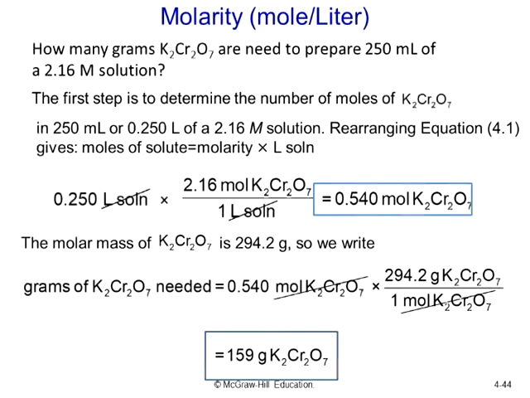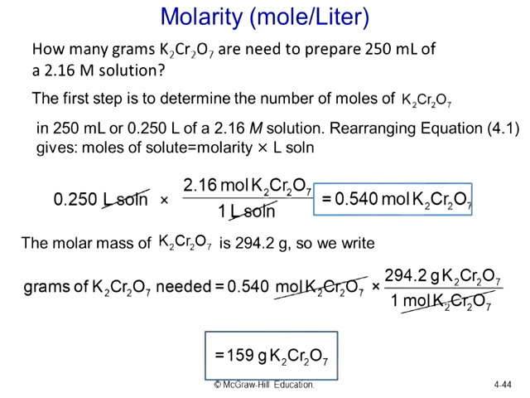So we set up the equation and we start with our given of 0.250 liters of solution. We then cross out down using dimensional analysis the liters on the bottom, and we know that we could take liters directly to moles because moles per liter is a recognized conversion factor in chemistry, and therefore we get 0.540 moles of potassium chromate, 3 sig figs.